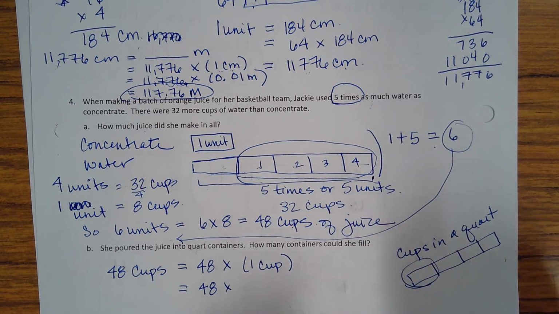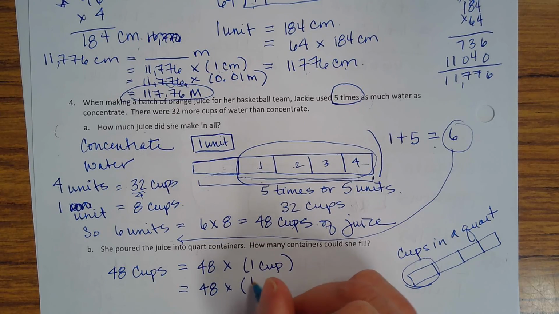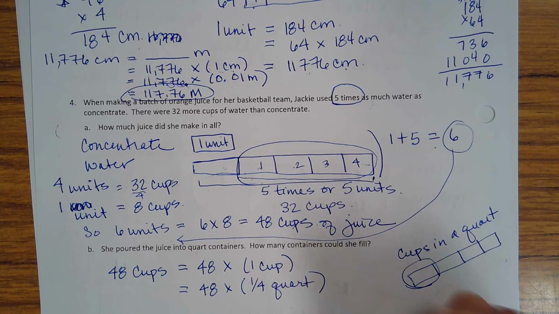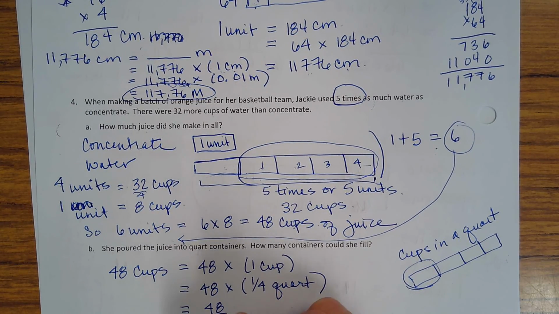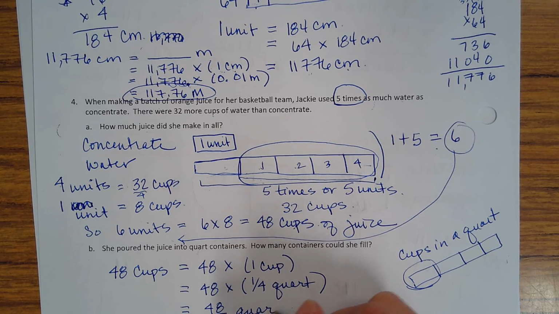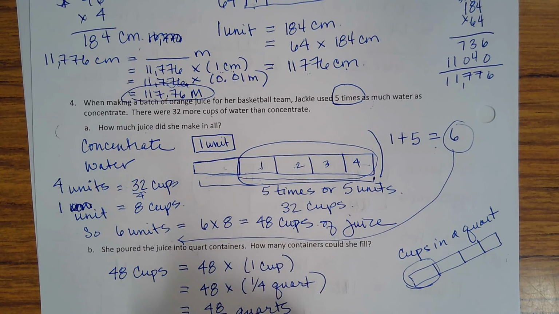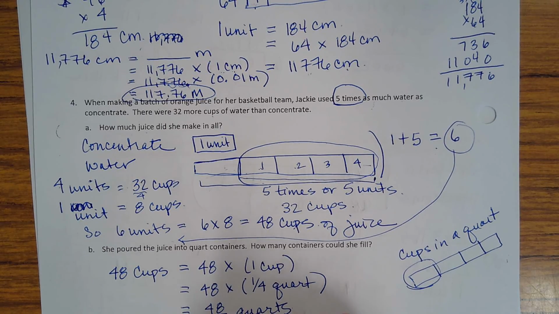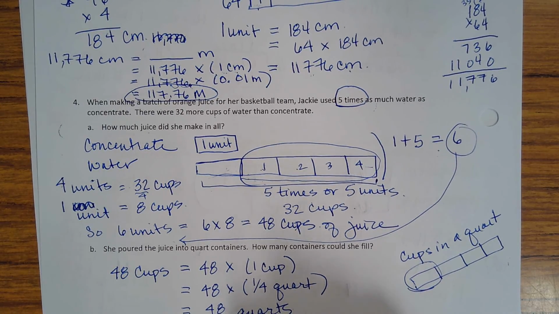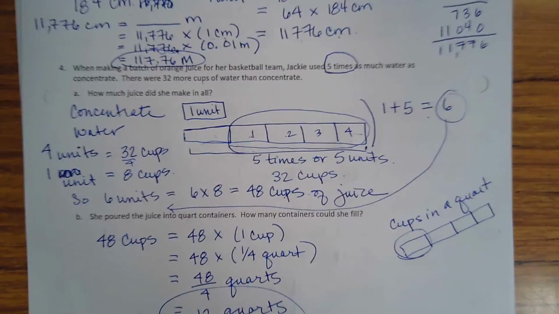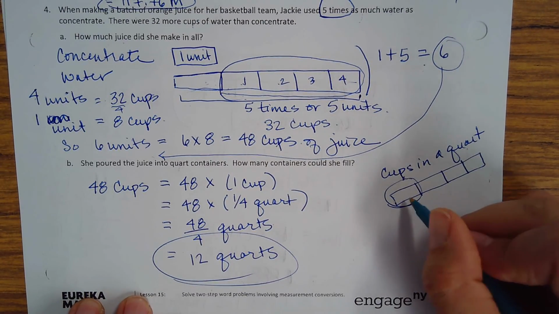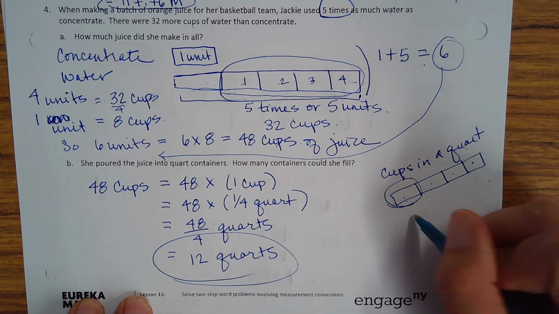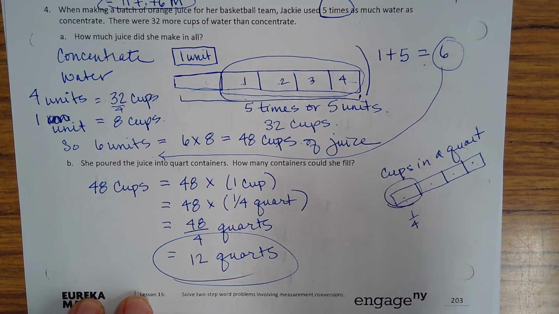So 1 cup is 1/4 of a quart, so it is equal to 48 over 4, because we multiplied it out, and we end up with 12 quarts. There are 4 cups in a quart, and 1 cup is 1/4 of that quart.